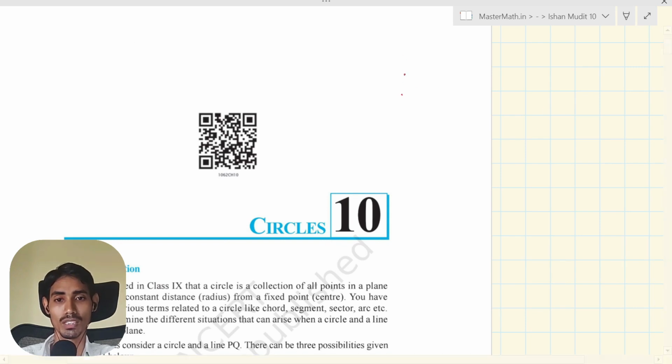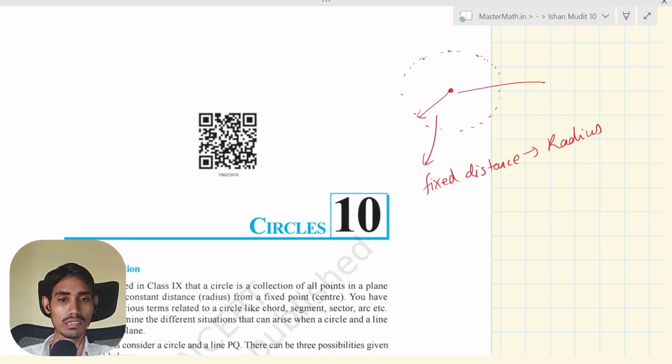So if these are the points, and it is equidistant from this one point, okay, so this is a circle, and this fixed distance is known as the radius, and the fixed point is known as the center.